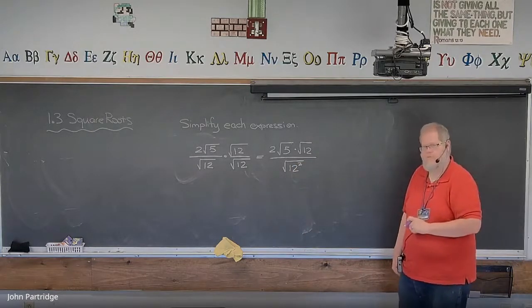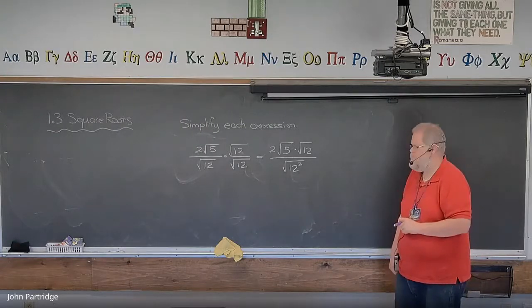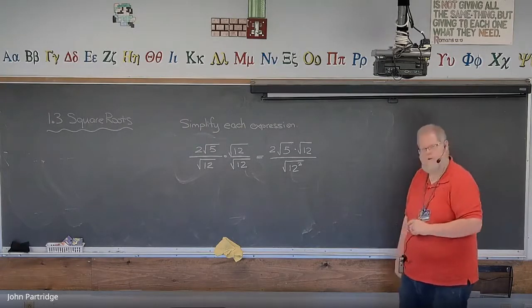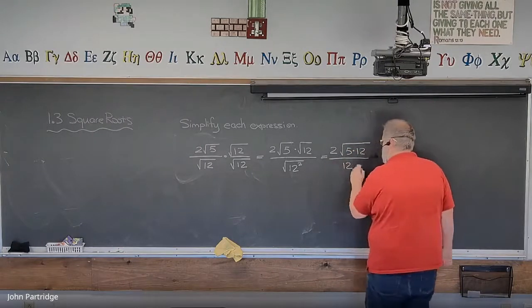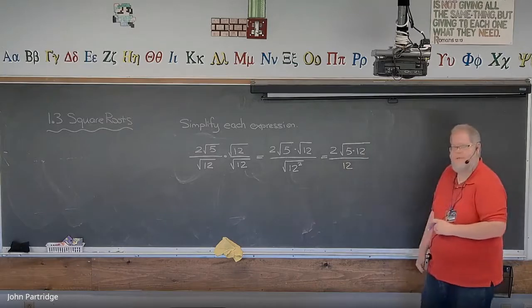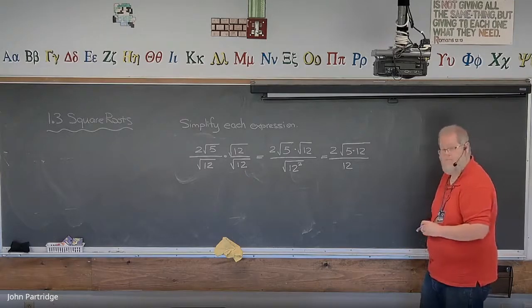Two square roots of 5 times the square root of 12 divided by the square root of 12 squared. Two square roots of 5 times 12 divided by 12.